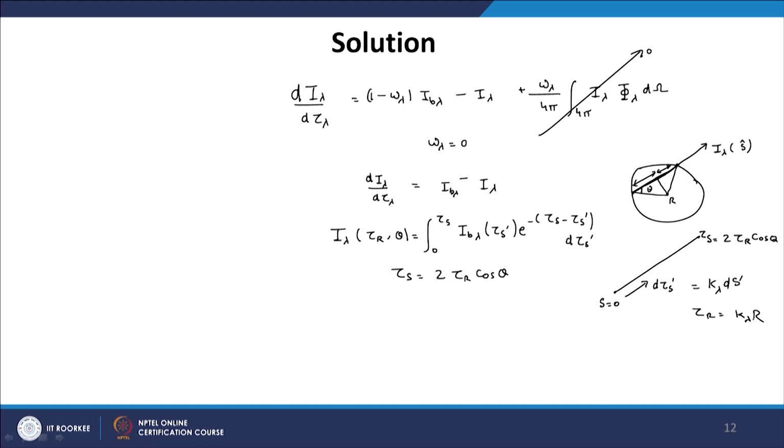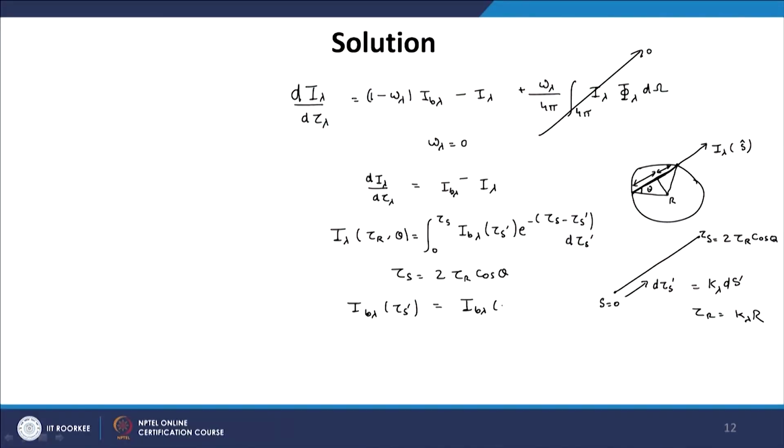So, now we will write this as I b lambda as a function of tau s prime. Now, I b lambda does not depend on path. Black body intensity is isotropic. So, I b lambda is simply a function of temperature only.